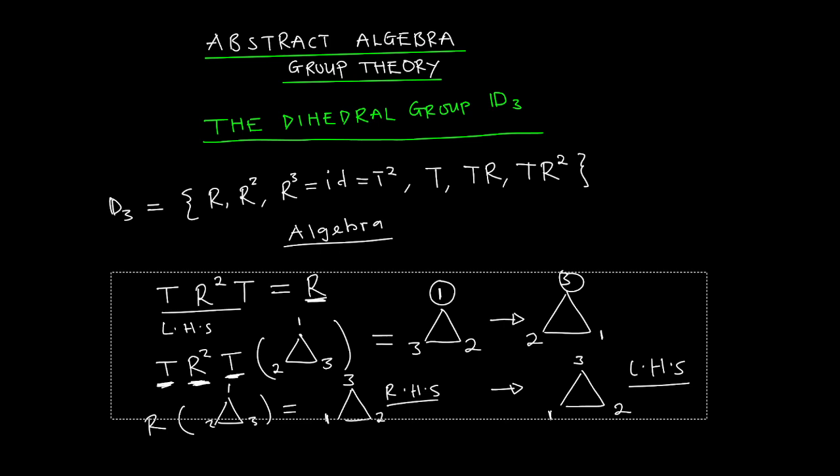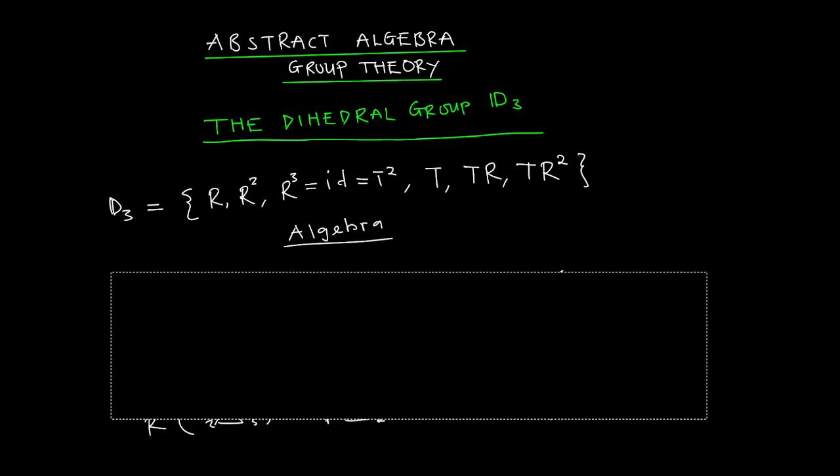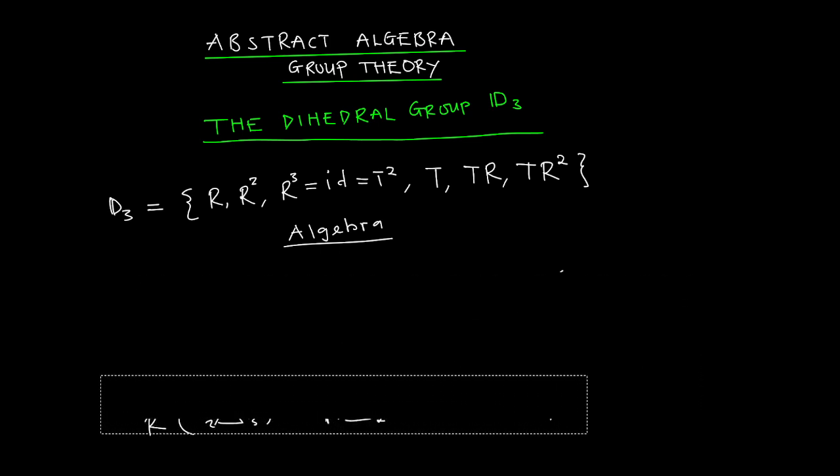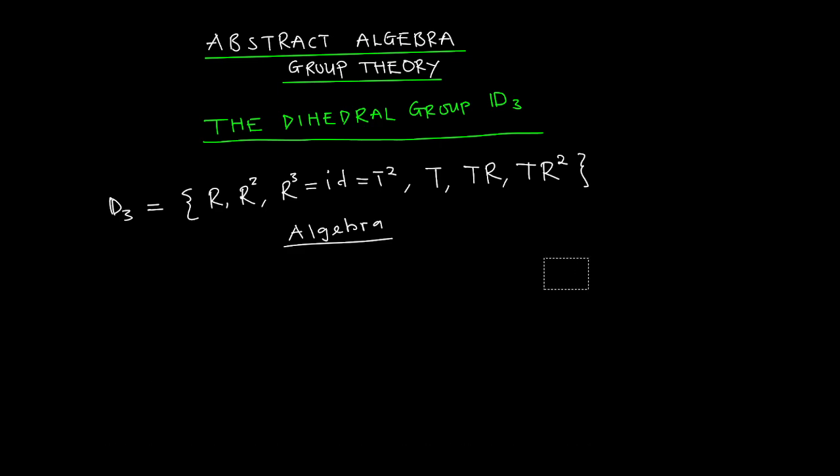One final one. Let's do one last one. So for the next one, we're going to prove that, remember, t squared is the identity element, right?